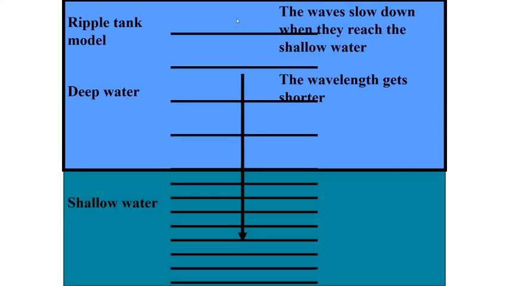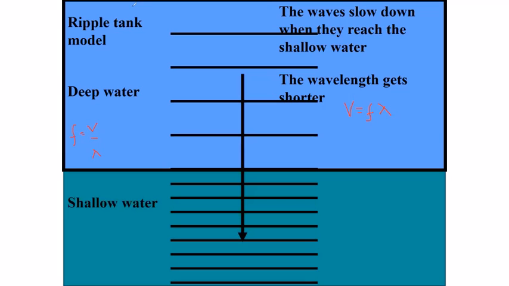Look, you have this wave equation. Last time we discussed v equals f lambda. Speed of a wave is equal to frequency multiplied by wavelength. So if I want the frequency, it is equal to speed divided by wavelength.